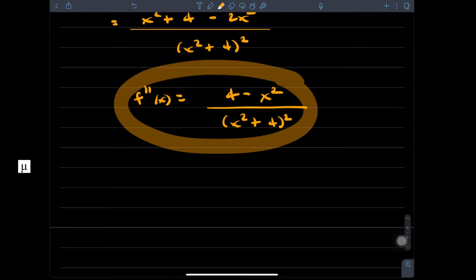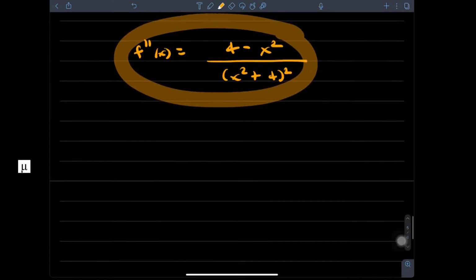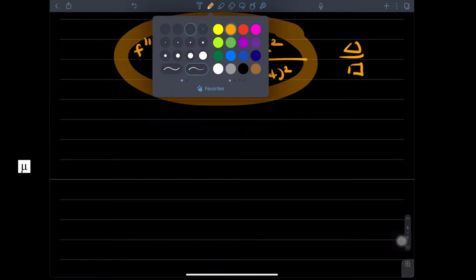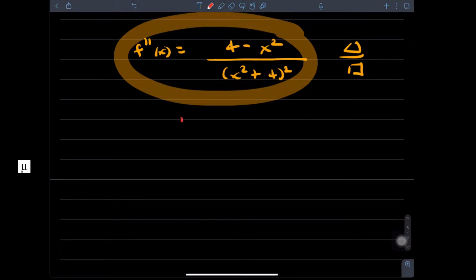Now, remember, when you do sign analysis, you got to be concerned with two things, because this is a fraction. You have a numerator over a denominator, right? So this is the sign analysis portion now, on the second derivative.